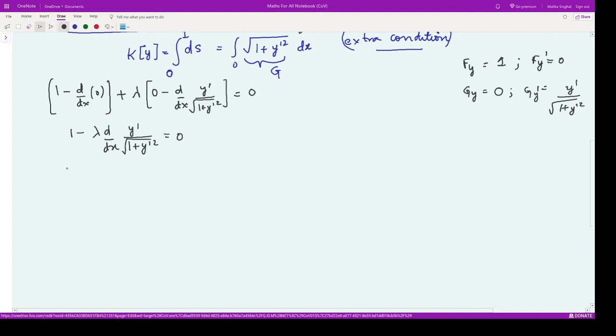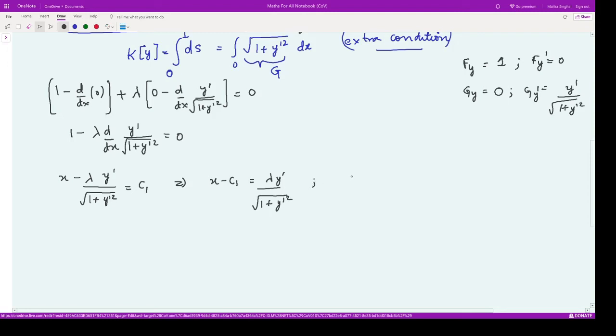Let us integrate both sides so that we obtain x minus lambda times, this derivative cancels with integration, we are left with y dash divided by square root of 1 plus y dash square is equivalent to some constant, say c1, right? So let us rewrite it, and we get x minus c1 is equal to lambda y dash divided by square root of 1 plus y dash square.